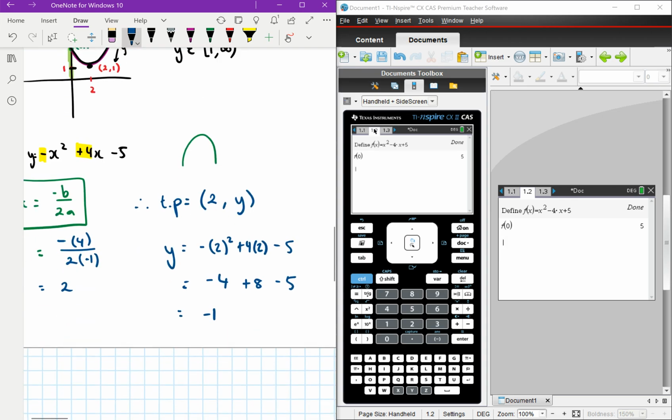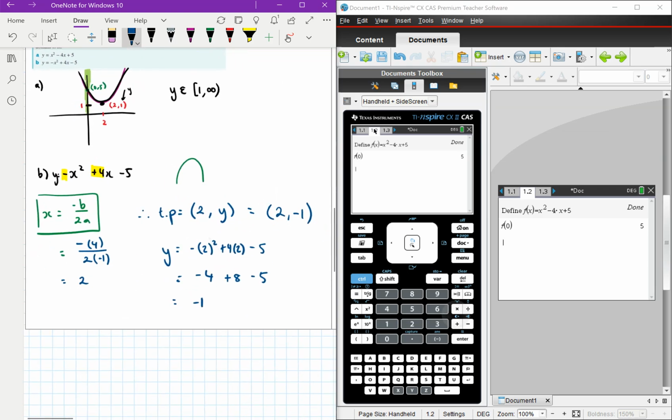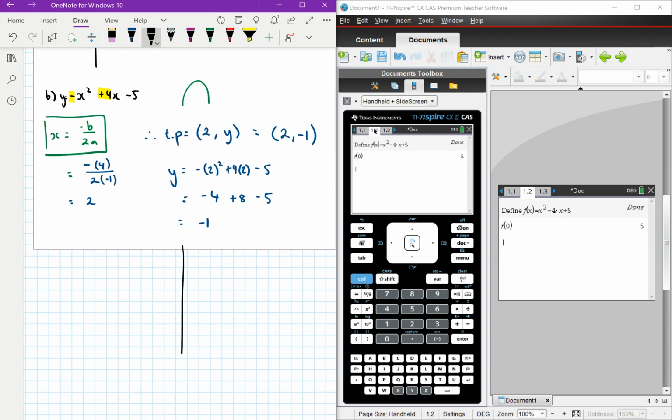So the turning point is at (2, -1). If I were to draw this graph now, we can picture what it might look like. When x is 2, y is negative 1, and this point is the maximum turning point of this inverted graph. So I predicted the graph to go something like this.